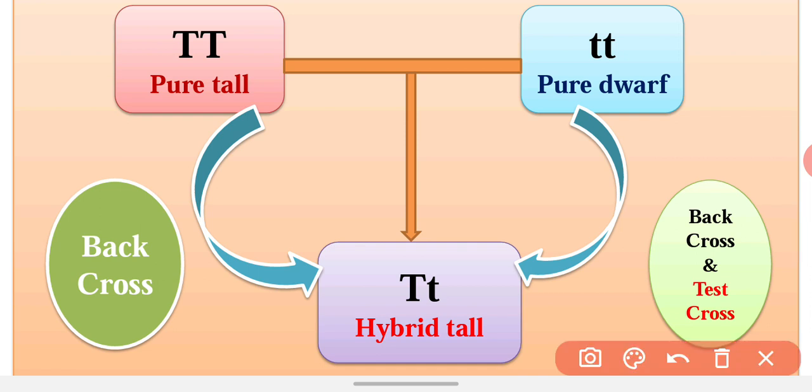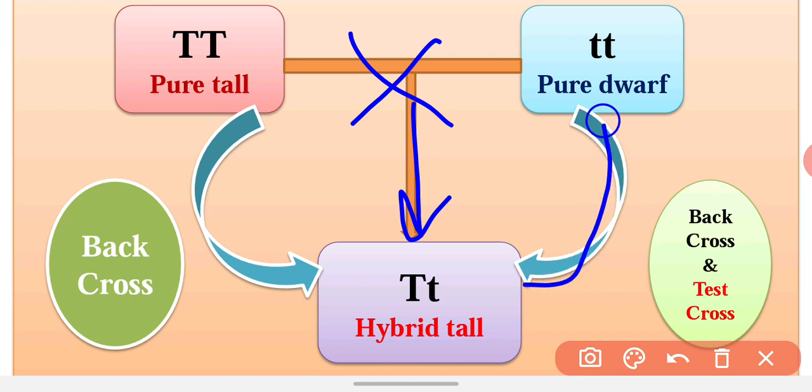Mendel also crossed pure tall and pure dwarf plants, and he got the F1 generation, all hybrid tall plants. When these hybrid tall plants are crossed with the parent plant, he gets these results, and the cross between the F1 generation and the parental generation is known as backcross.